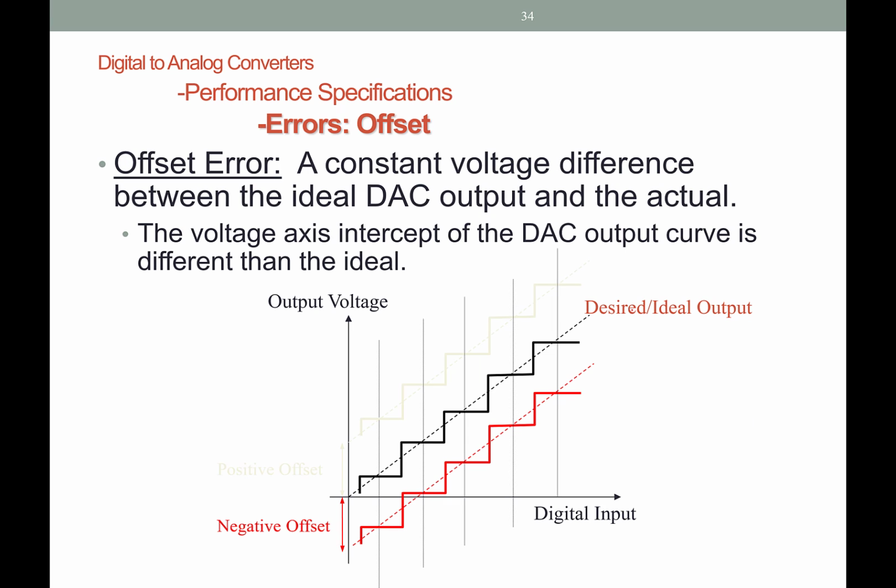The offset error is something that's sort of similar. The offset error, again, what happens if we have our normal slope and then the DAC operates from that, and instead we have some offset voltage, so not just the gain. And remember, we talked about the offset and gain when we did the analog to digital converter, so this is the same thing but in sort of the opposite relation.